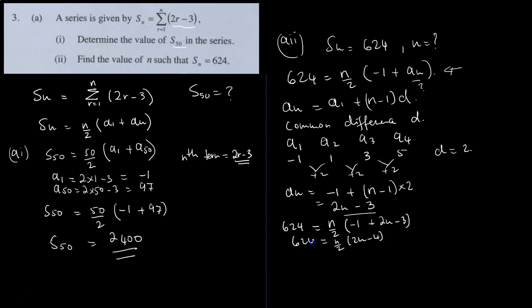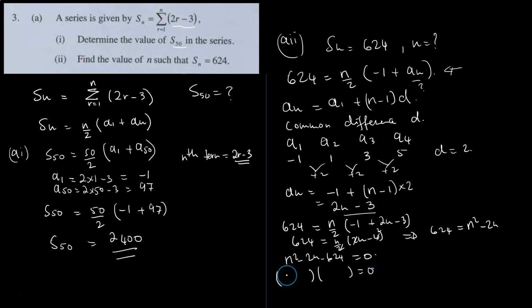So that's 624. If you simplify this, 624 equals this, and the 2 cancels, so that will give you n squared, and this will give you 2 there, so minus 2n. Rearrange that, and it will give you n squared minus 2n minus 624 equals 0. Okay, so we need to factorize this or solve by whatever method you prefer.